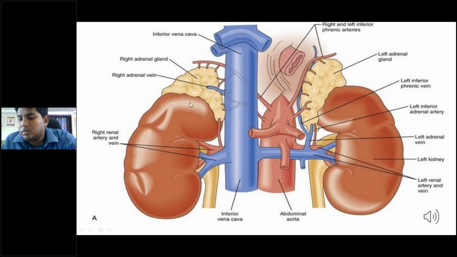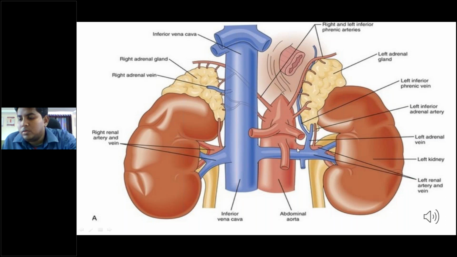So this picture clearly demonstrates the right one is triangular in shape, the left one is crescent shaped, sitting on the top of the respective kidneys. So which one is more prone to obstruction, either the left or right side?